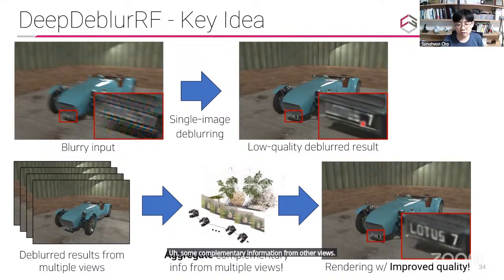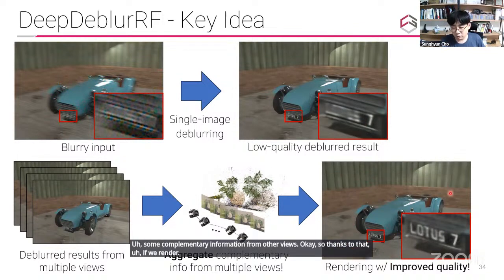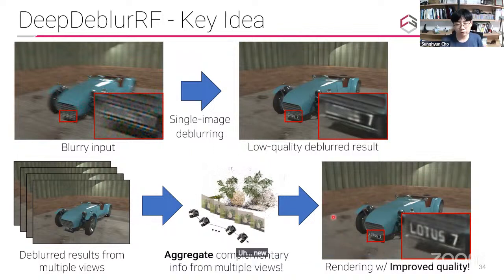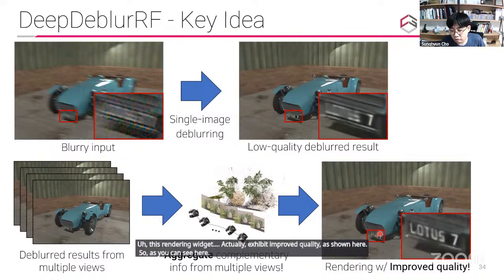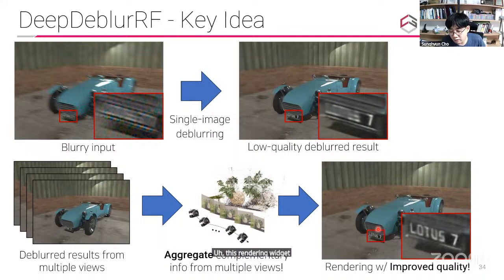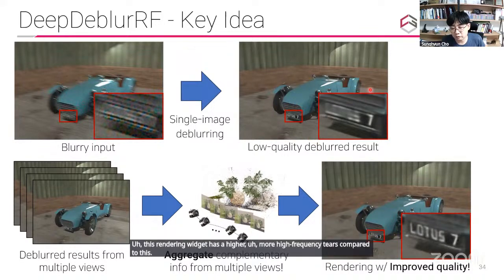Thanks to that, if we render a new image for the same viewpoint of this blurry input, this rendering result exhibits improved quality as shown here. As you can see, this rendering result has more high frequency details compared to this initial deblurring result.